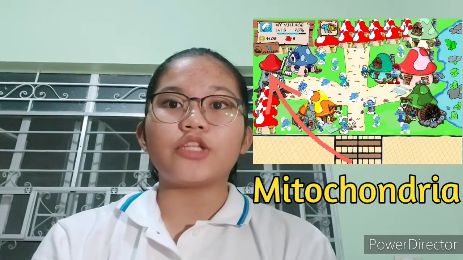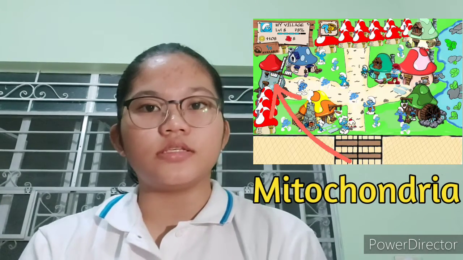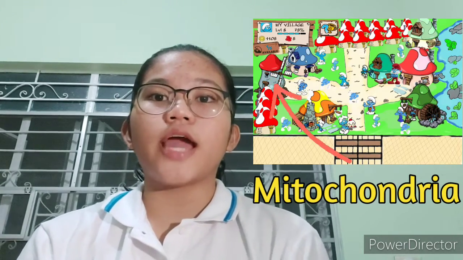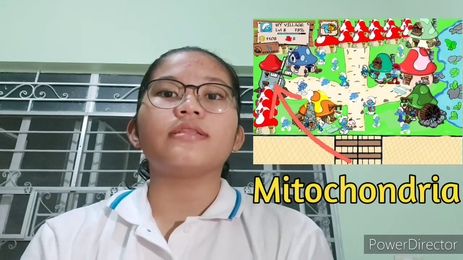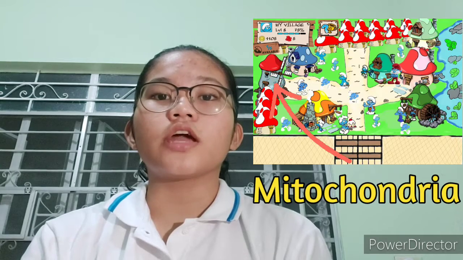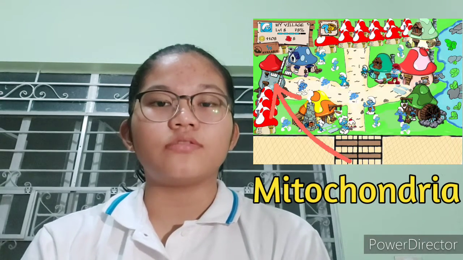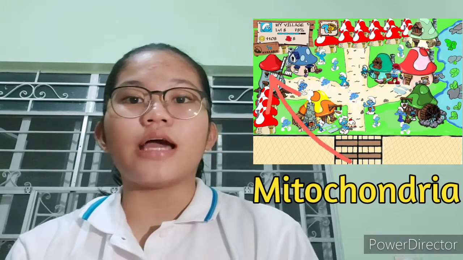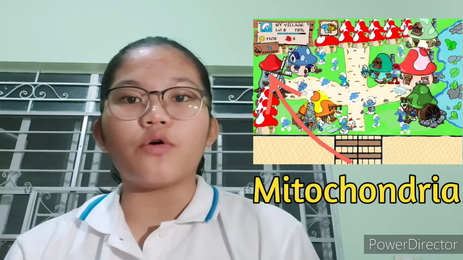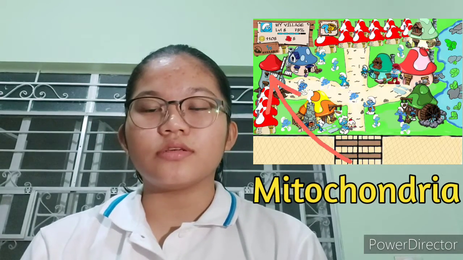The third one is the mitochondria. I compared the mitochondria to the windmill of the village because the mitochondria is also known as the powerhouse of the cell. It is involved in the synthesis of energy required for the cell's different metabolic functions. Kaya yung windmill na yon ang nag-serve bilang mitochondria sa Smurf village na ginawa ko dahil they have the same function.